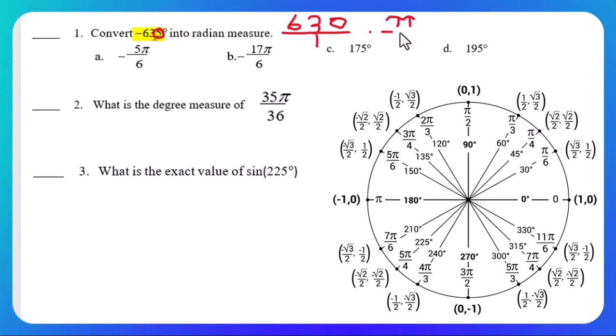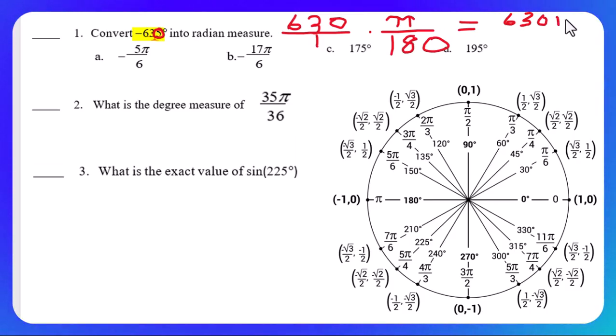I know I need to get pi because pi tells me I'm in radians. So that's going to go on the top. Okay, and then now I'm going to put 630 times pi is 630 pi over 180.